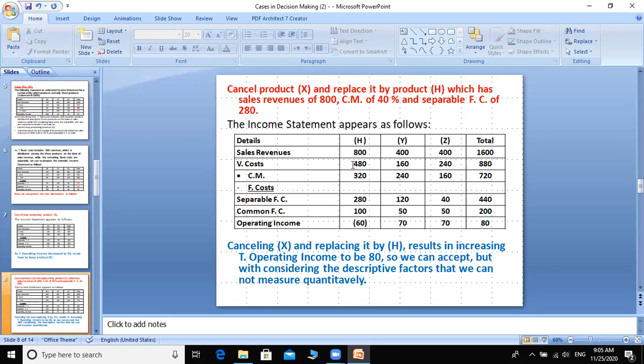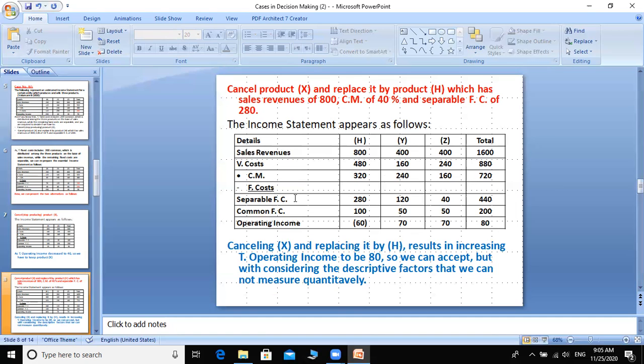So variable cost 60% is 480, or deduct the contribution margin from 800 to get variable cost. It doesn't matter. But regarding Y, sales, variable cost, and contribution margin are as in the original case. 400 to 40 regarding Z, 160. Nothing changes at all. And we get the new totals.